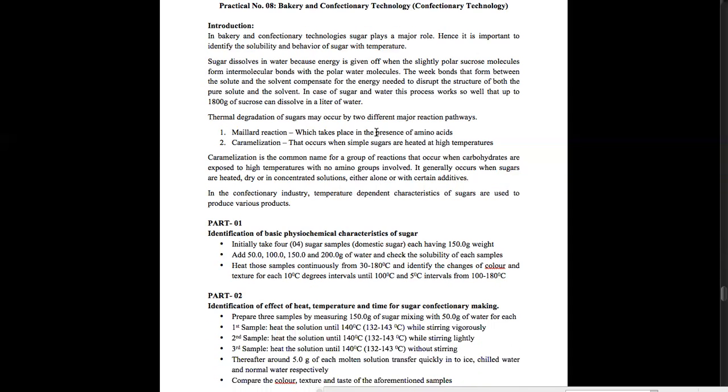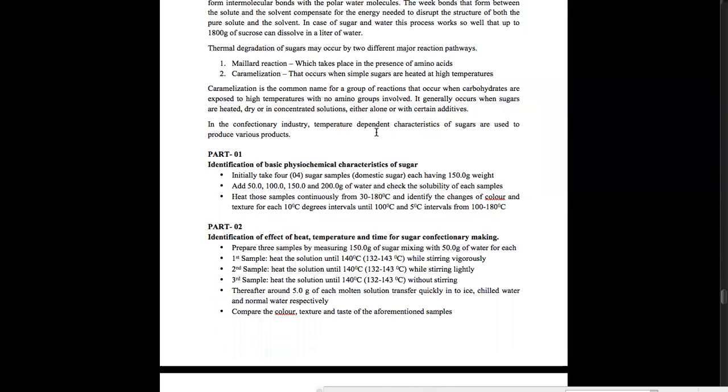In part 1, we are going to identify the basic physicochemical characteristics of sugar. For that, we are going to check its color and texture with heat.